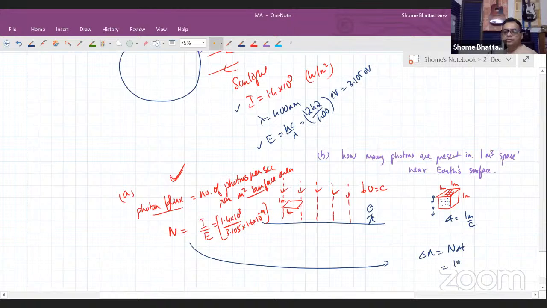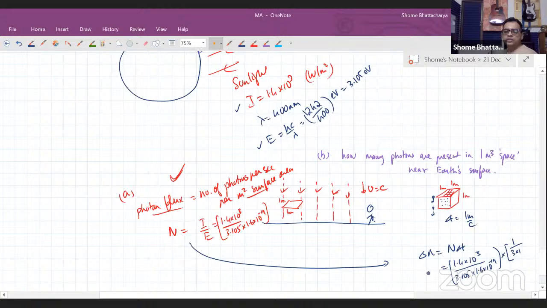Understood? So it should be 1.4 into 10 raised to power 3 watts per meter square, divided by the energy of the photon, which is 3.105 electron volts. That is the number of photons per second which is entering. So the number of photons right now inside this will be that multiplied by the time taken for a photon to cross this box of height 1 meter, which is 1 meter divided by 3 into 10 raised to power 8.